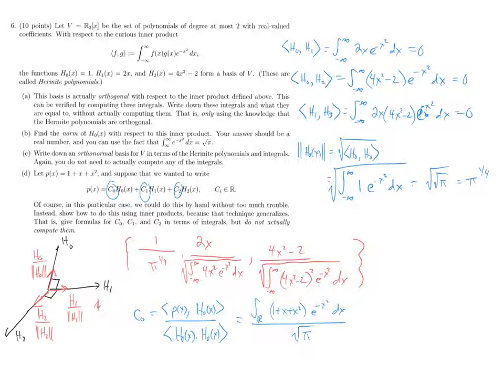Similarly, C1 is the inner product of P and H1 over the inner product of H1 with H1. So we're integrating over the real numbers of (1 plus x squared) times H1, which is 2x, times e to the minus x squared dx.